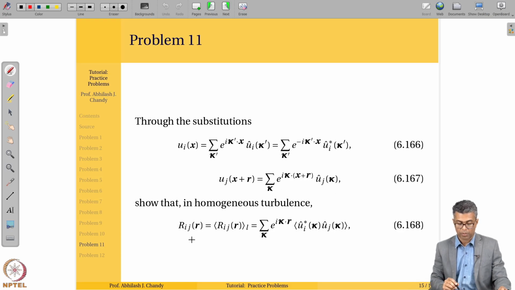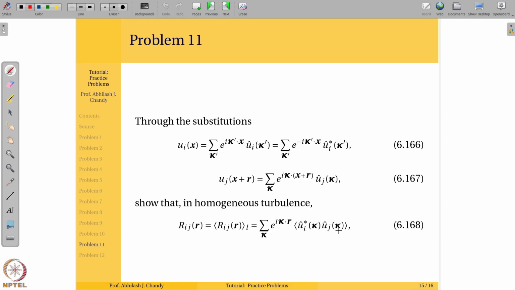Show that in homogeneous turbulence R_ij of r is the same as R_ij of r over L, as in volume average. L is the size of the box, and then the summation of e to the minus i kappa dot r over kappa, and then the summation or mean of u_i star of kappa and u_j of kappa.